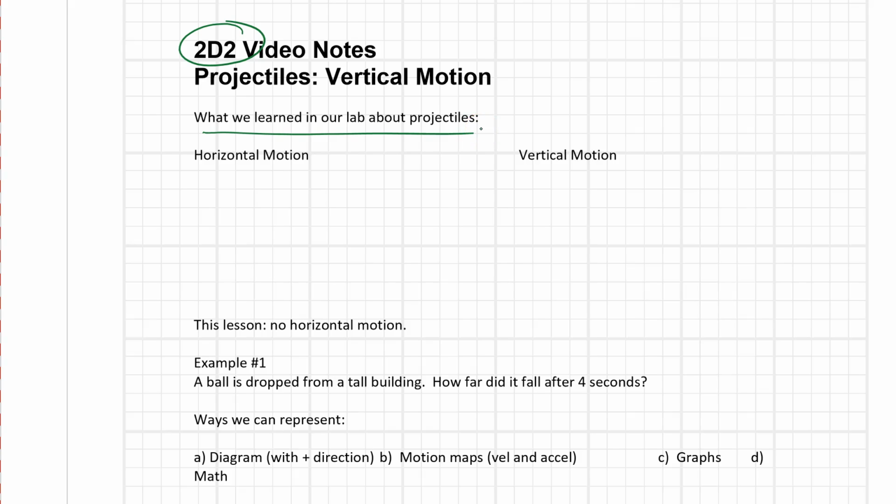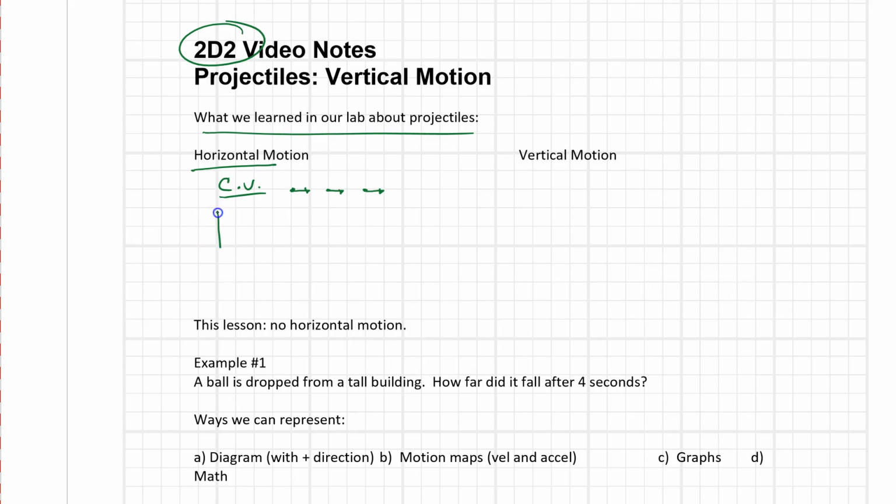A projectile, when we're talking about horizontal motion, is going at a constant velocity. I'll just put CV for constant velocity. On a motion map, this looks like dots evenly spaced apart, and the velocity arrows all look consistently the same.